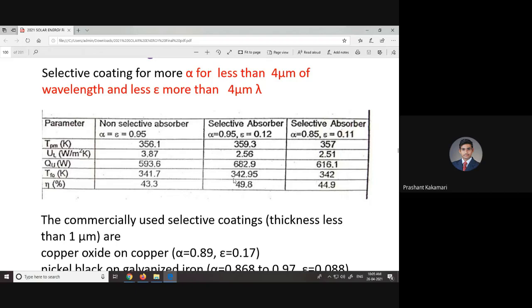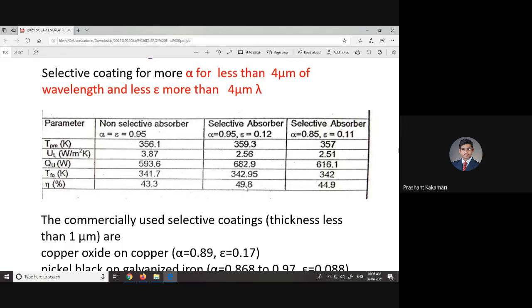But with the absorber coatings, you can see the outlet temperature is very high, 342, 342 point something, like that. Then efficiency values. So of course, if the absorber plate is having maximum absorptivity, then it is going to have maximum efficiency because it is giving more heat transfer and more heat absorption in the absorber plate and the water tubes.